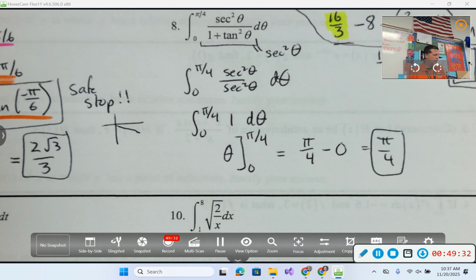And I don't really want to mess with the square root of 2, so I can take the square root of 2 out front, sort of like prep work to make my antiderivative easier. And then we've seen this before. If there's a square root in the denominator, how could I write that as something with just a power? Yes.